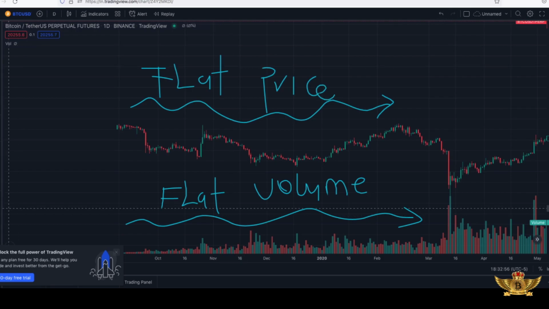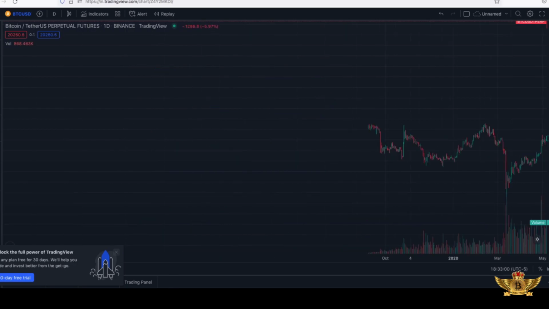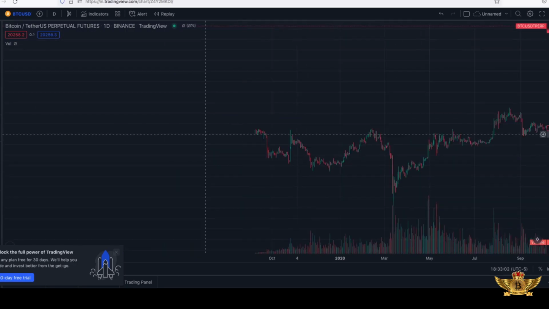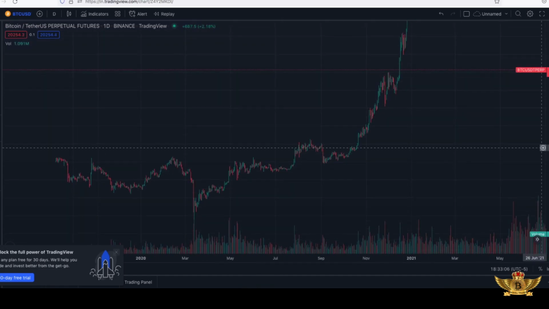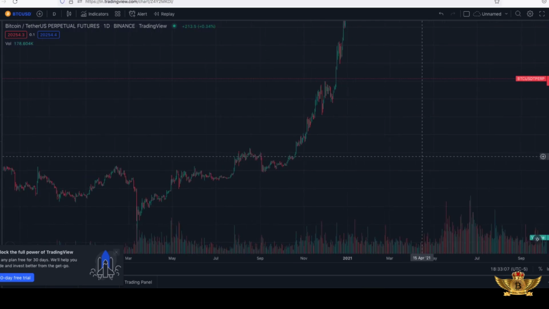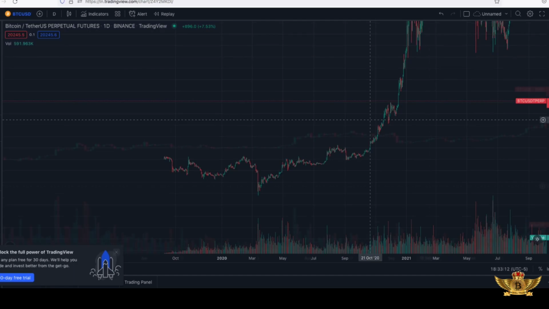In order for price to move, whether up or down, buyers and sellers must overcome each other in terms of volume. When there are 56% buyers and 44% sellers, there are more buyers, but the change in the price might not be so obvious, right?